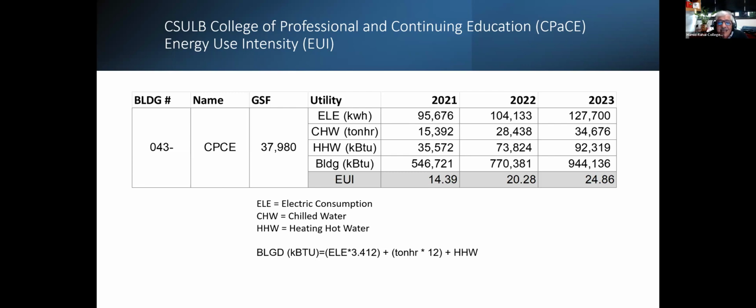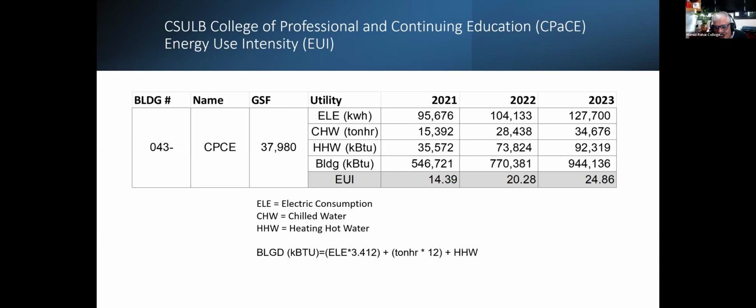Now, why this is significant when you assess the building is that, and I'll show you, the general expected EUI for educational institutions such as ours is around 50. So 25 against 50 is 50% of that. That means that the energy saving is significant here.